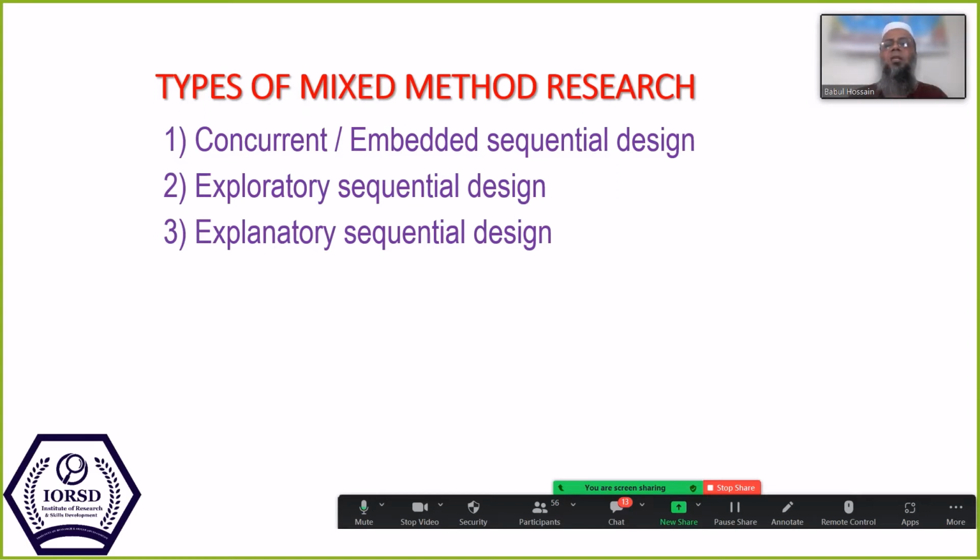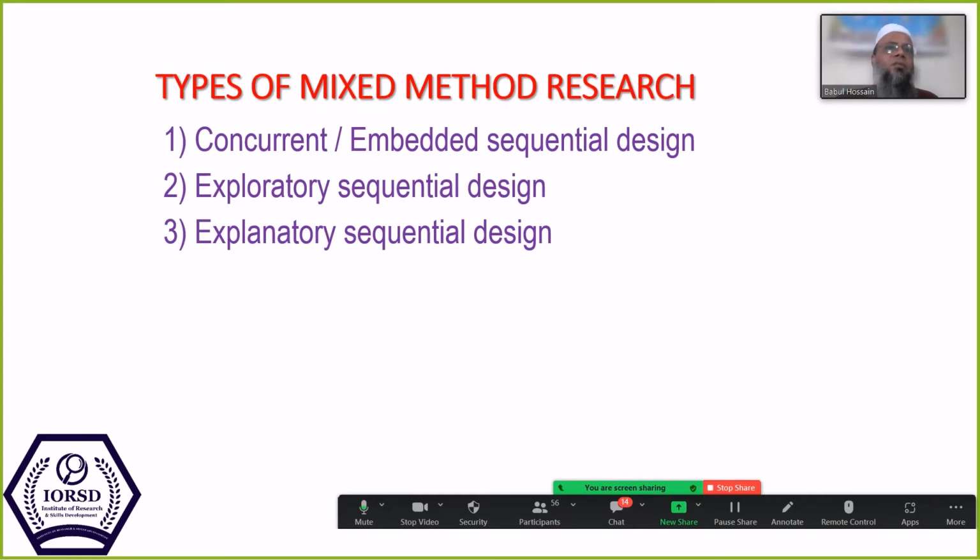Then it is called the embedded design of mixed method. Another one is exploratory sequential design, where the researcher goes directly to qualitative research. They go for interviews, observation, or focus group discussion and collect the data. After collecting data and analyzing it, he finds the factors influencing his research problem or dependent variable. This is his qualitative finding.